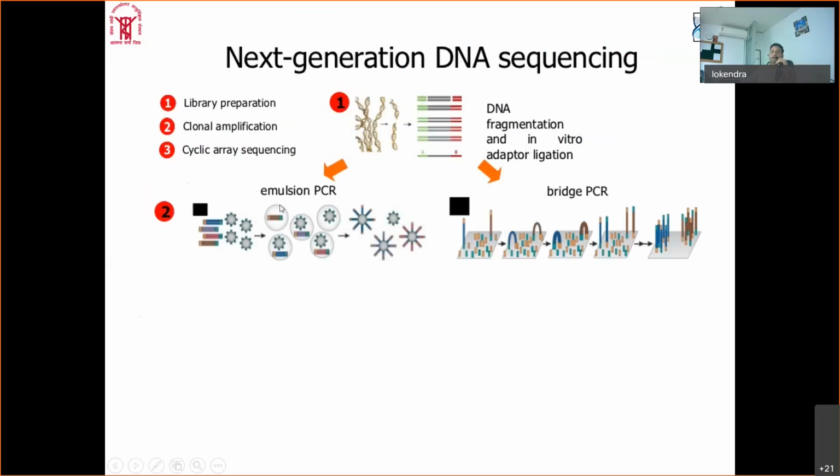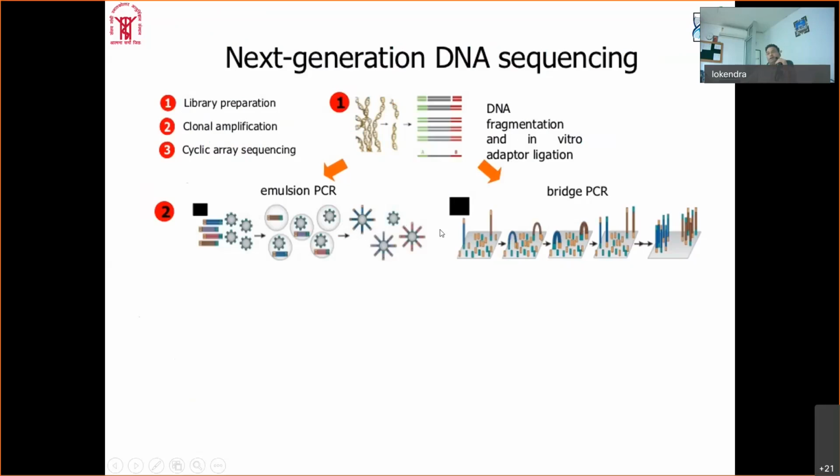This emulsion is amplified, and each time it is amplified, we can detect it by various methods. Or alternatively, it can attach to a surface which already has known sequences of those adapter molecules, and the complementary strand will bind and make a bridge-like structure, and during that it will amplify again.